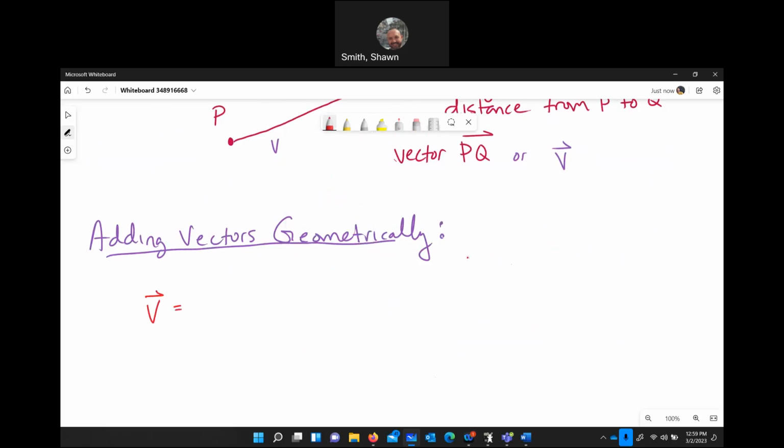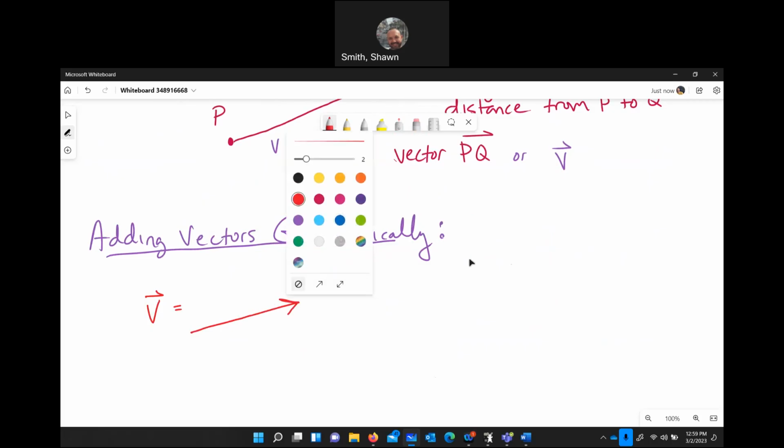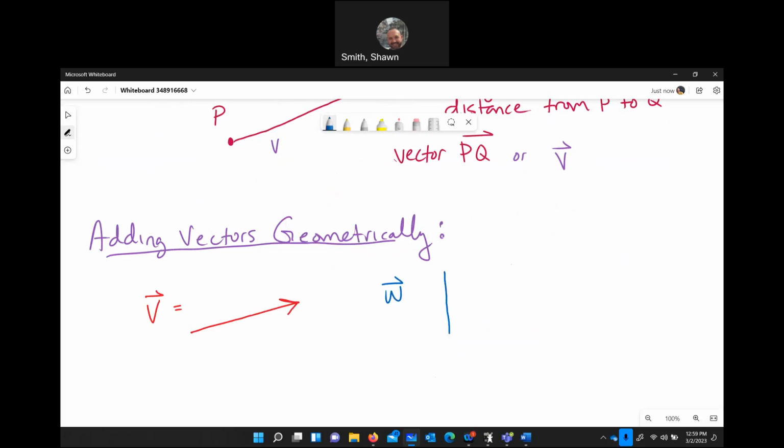Vector V is equal to, I don't know, something that looks like this, perhaps. And vector W, let's put it in blue maybe. Maybe it looks like this, perhaps.